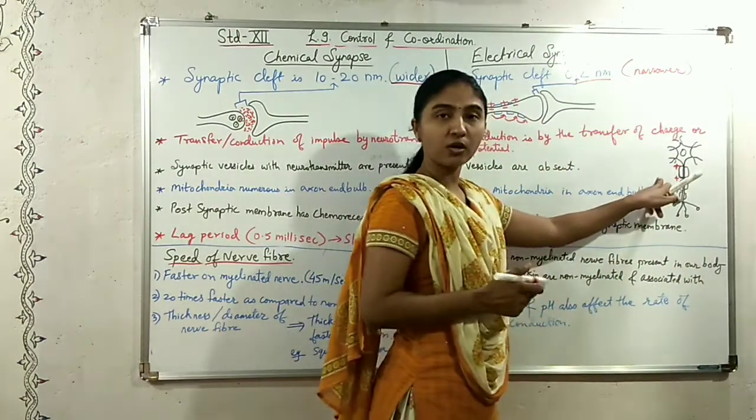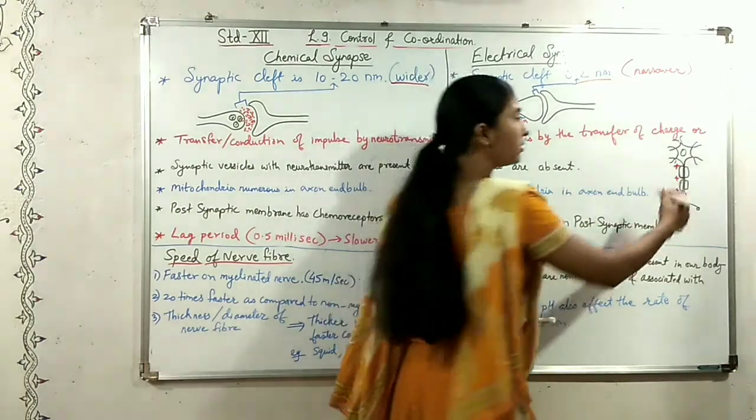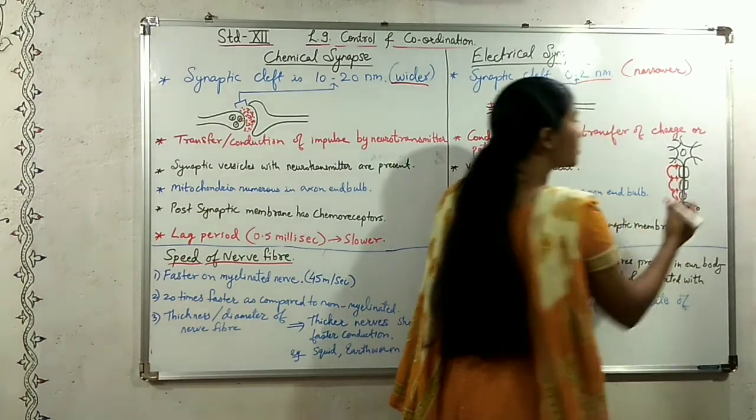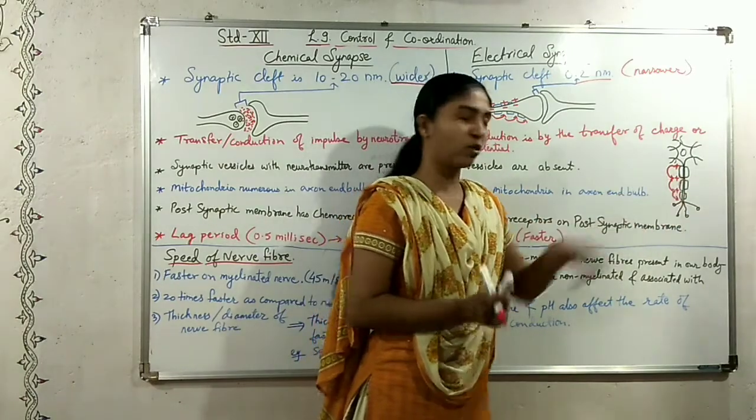These charges are transferred from one node of Ranvier to another node of Ranvier. They jump from one node of Ranvier to the other.